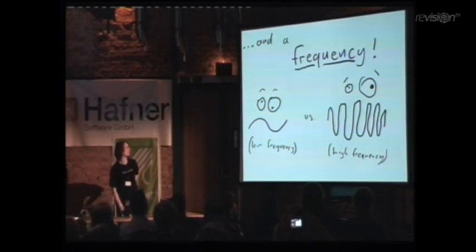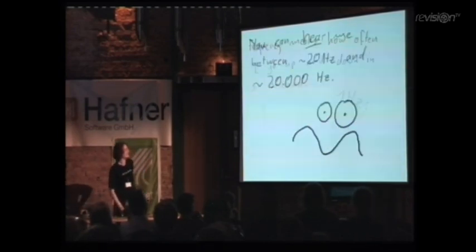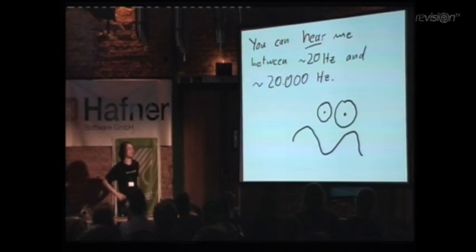And the second aspect is frequency. Higher frequency means a higher note. I know I'm stating the obvious here, but we have to start at the very beginning. I think you know that. The range of human hearing is somewhere between 20 hertz and 20 kilohertz.